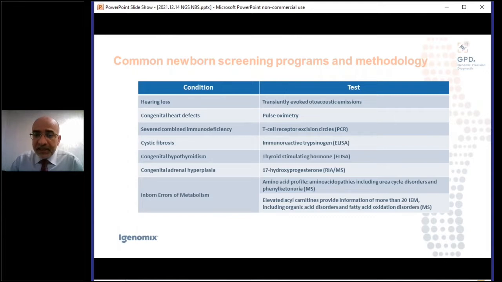Severe combined immune deficiency is screened using certain PCR techniques to look at the T cell receptor excision circles. Also cystic fibrosis, and some endocrine disorders like congenital adrenal hyperplasia and congenital hypothyroidism, and a long list of inborn errors of metabolism that can be detected by mass spectrometry, including amino acidopathies and urea cycle disorders. And by looking at different acylcarnitines, we can also screen for a large number of organic acidemias and fatty acid oxidation disorders.